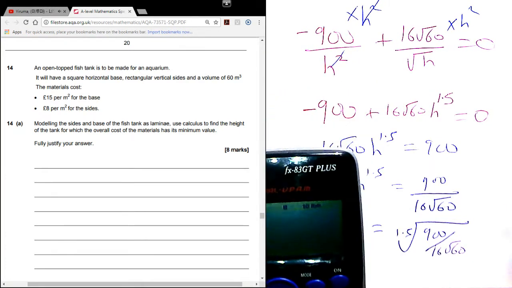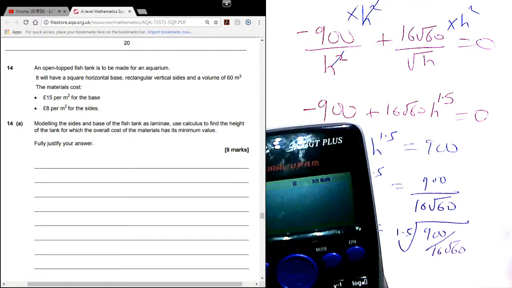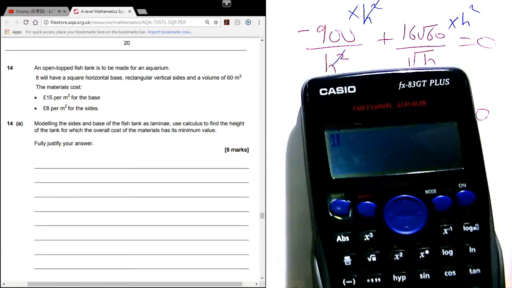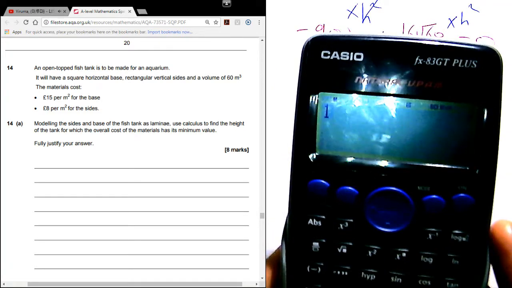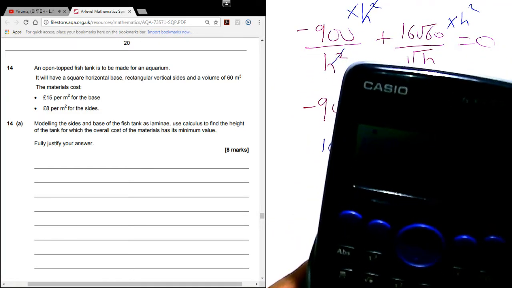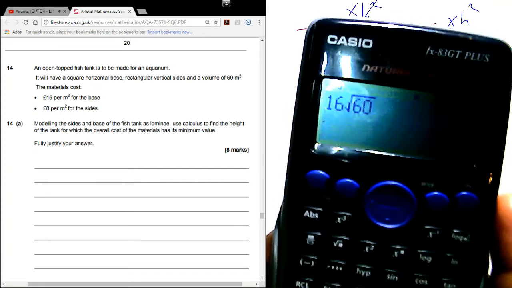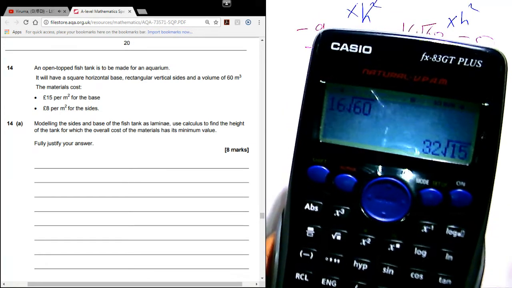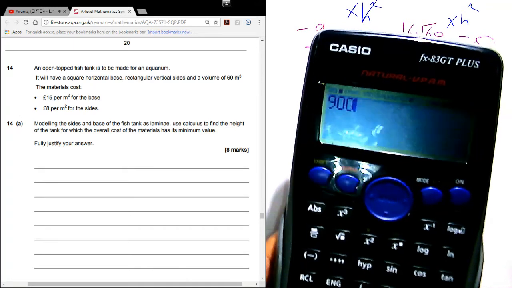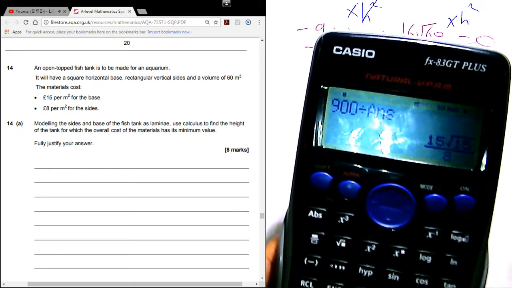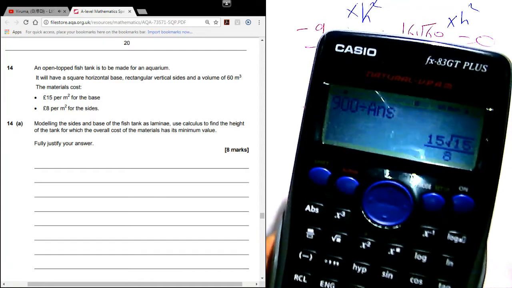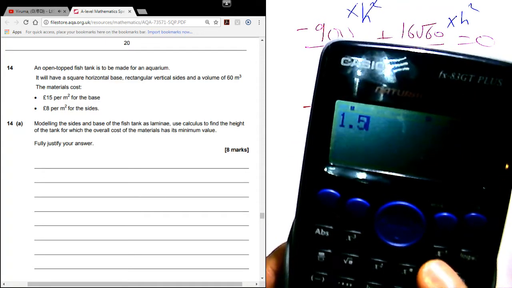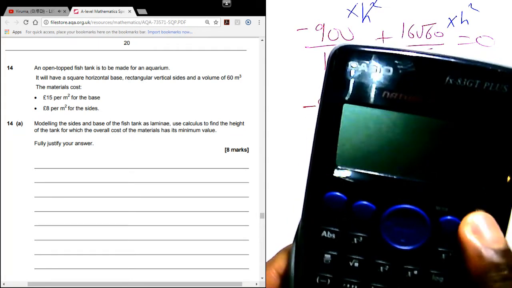So 900 over 16 root 60. First and foremost, I'll do 16 root 60. Can you even see it? All right, 16 root 60. Okay, this isn't working. So 900 divided by the answer, then the 1.5 root, not square root.